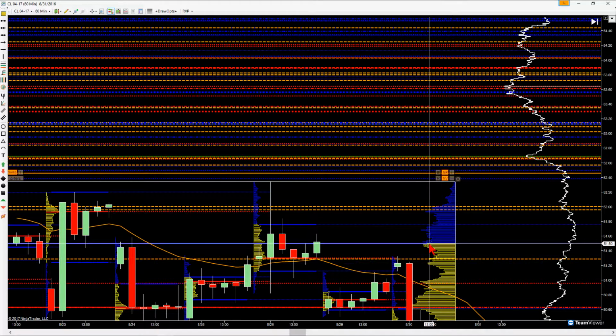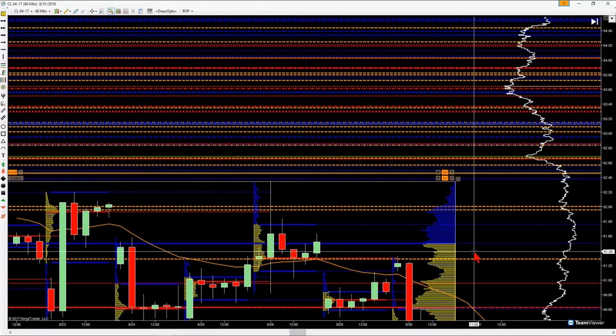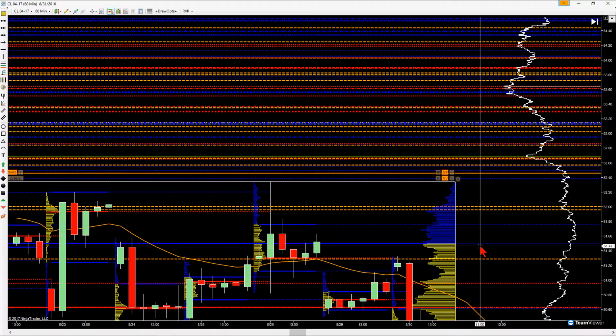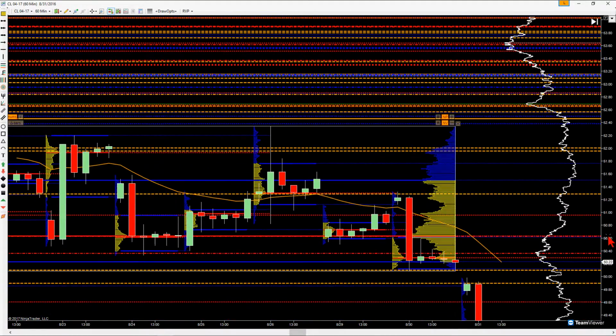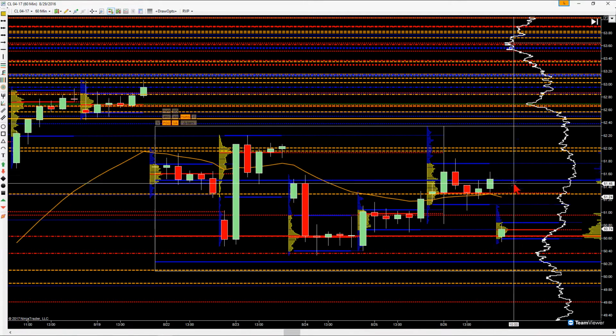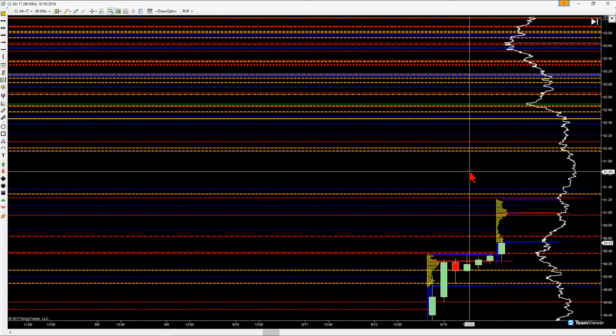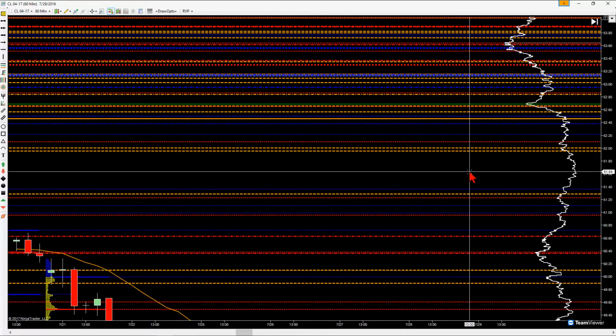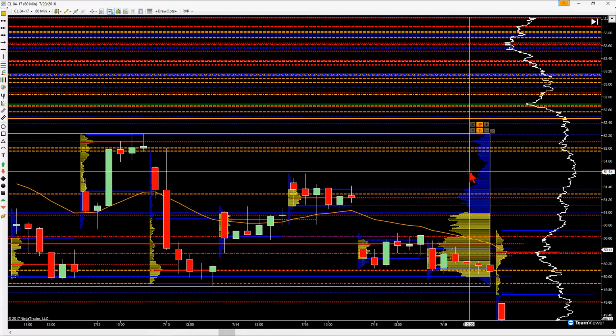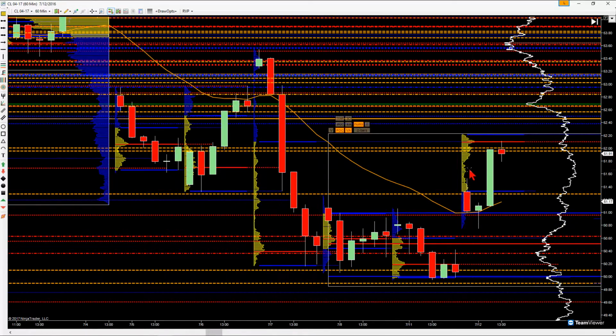We have a micro composite value area high. Maybe we can plot that on there. Couple of VPOCs overlapping here, 51.70.